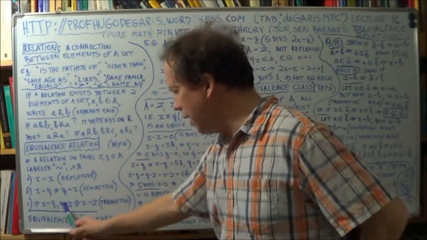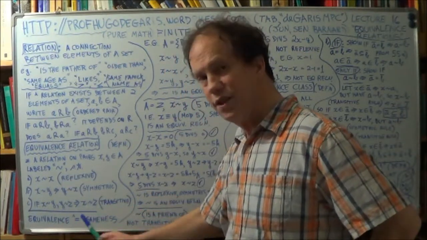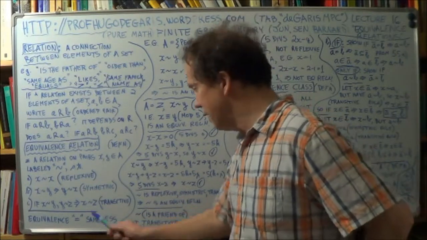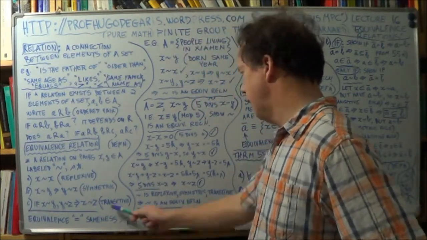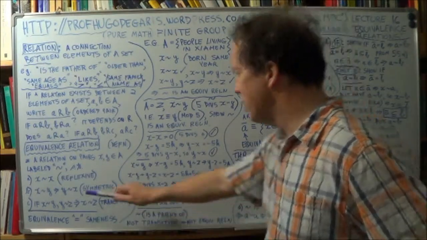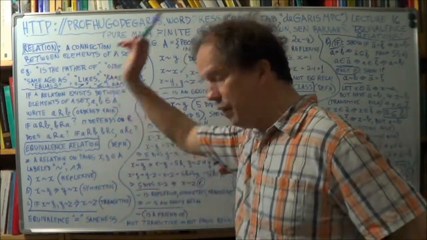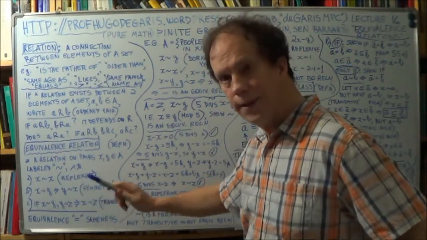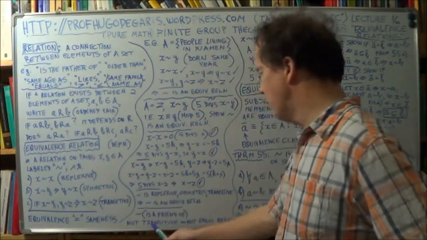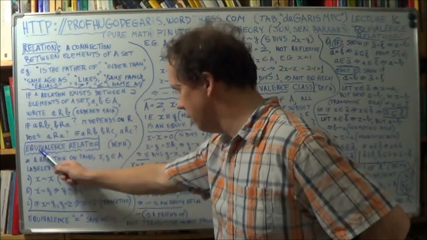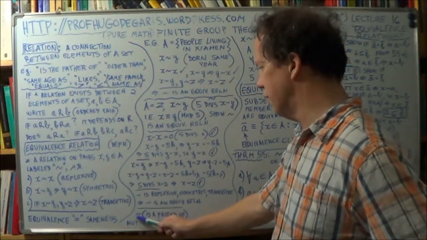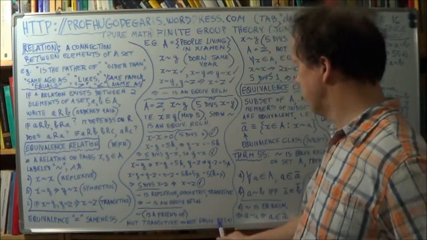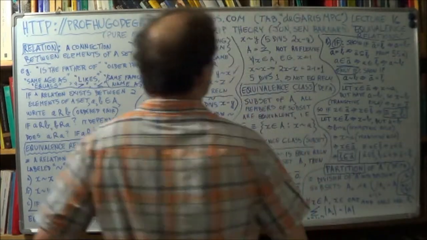If x is a friend of y and y is a friend of z, it does not follow that x is a friend of z. Just common sense. So your transitive property fails. If just one of these three fails, the whole thing fails. You have to have all three properties satisfied. So if one of them fails, it's not an equivalence relation. It's not transitive, therefore it's not an equivalence relation.